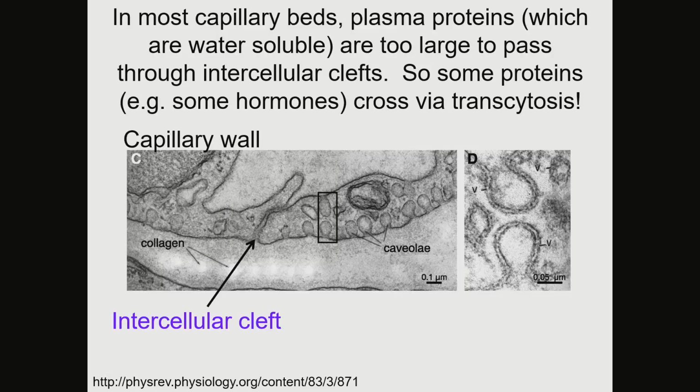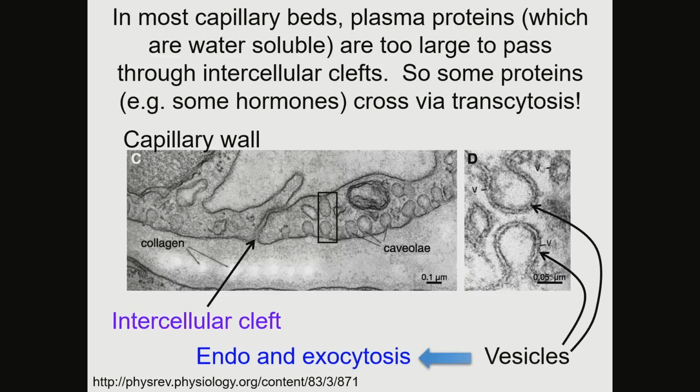This is enlarged over here, and this is where you have endocytosis on one side and exocytosis on the other, depending on which way it's going. You pinch off a little bit of fluid, maybe with protein in there, you get a vesicle, it travels off and fuses with the plasma membrane, and then releases it on the other side. That is transcytosis.